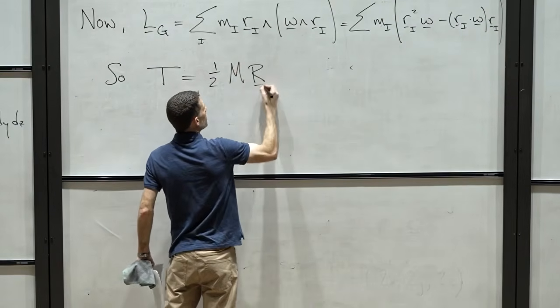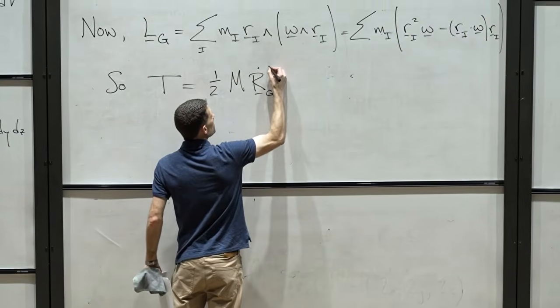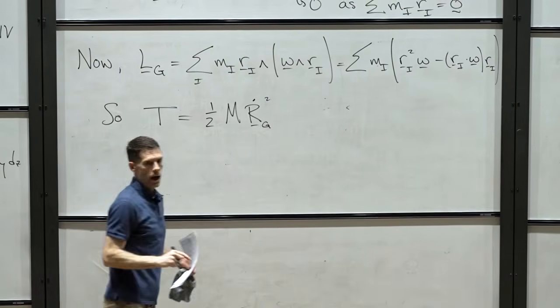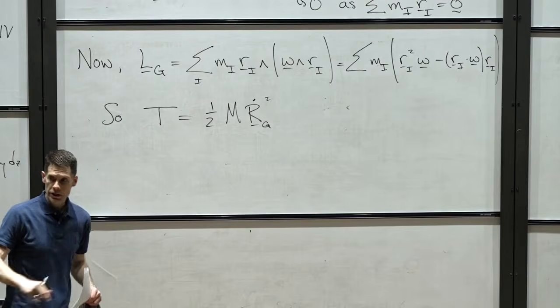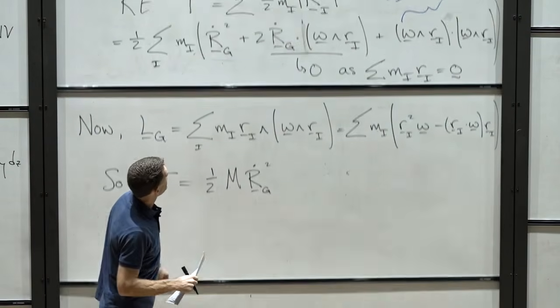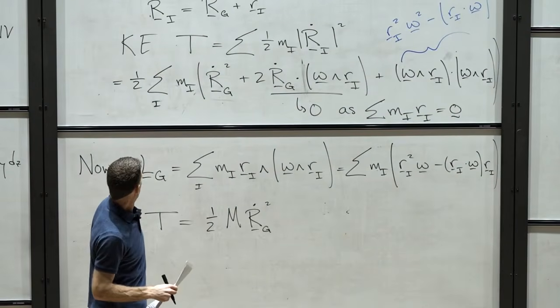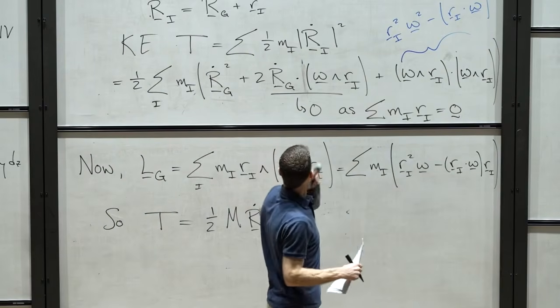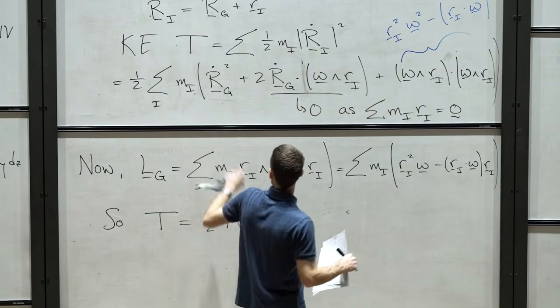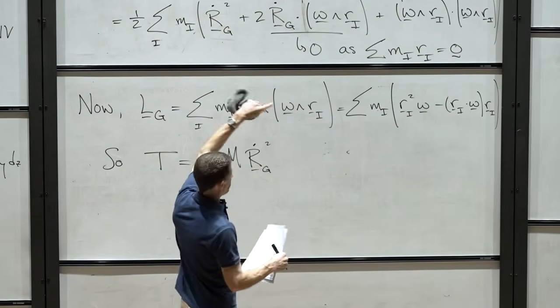And then there's a portion of the kinetic energy that comes from rotation, and that is 1/2 L_g dot omega.